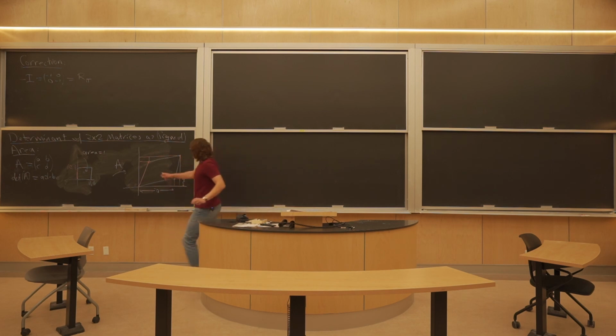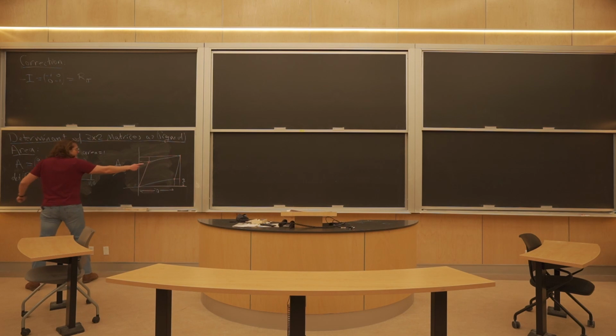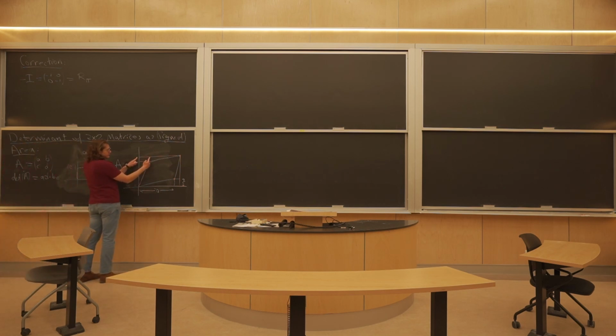Similarly, because this point came from this point, its coordinates are b and d. That is to say, its x coordinate is b, so this length is b, and this length, the height, is d.